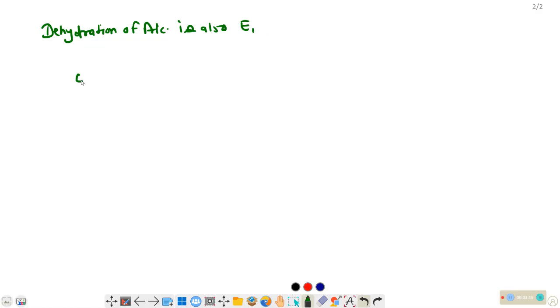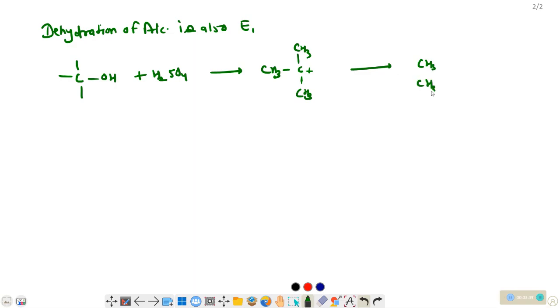Like if I take any alcohol and H2SO4, it will give us butylene. But before that, it will form a carbocation. Then it will give us butylene. So it also follows the E1 mechanism.